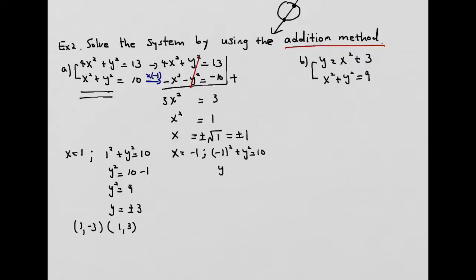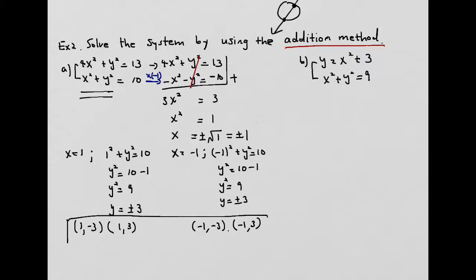So I will have Y squared equals 10 minus 1, where Y squared will be 9, where Y is going to be plus minus 3. So here, when X is negative 1, I got negative 3 and positive 3. So I have a set of 4 solutions there.